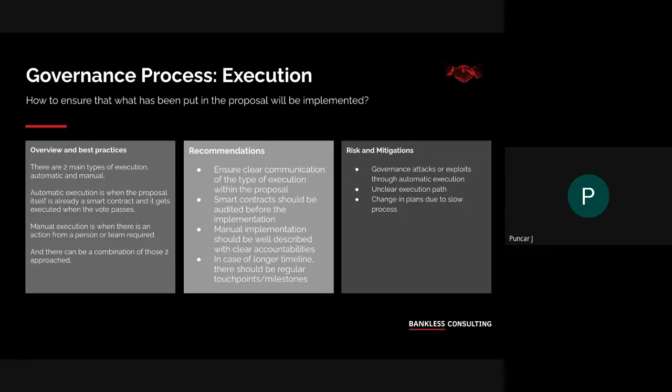And make sure that whatever is in a proposal will get executed as is, and there are no discrepancies, which can happen in the manual proposal, because that's usually a written proposal, and then the execution depends on the people, and there can be a difference between how it's written and how it gets executed, which is one of the risks.